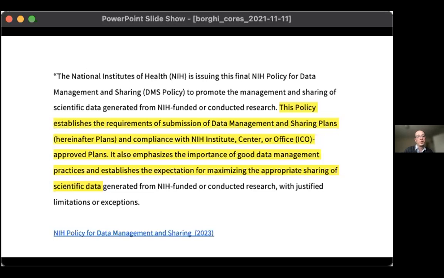Sharing a paper is a little different than sharing a data set. There are certain protections of participant privacy in particular that are required when you're sharing data, which is not really a conversation we have so much when we talk about sharing papers. But this is just an example of a policy that is going into effect.